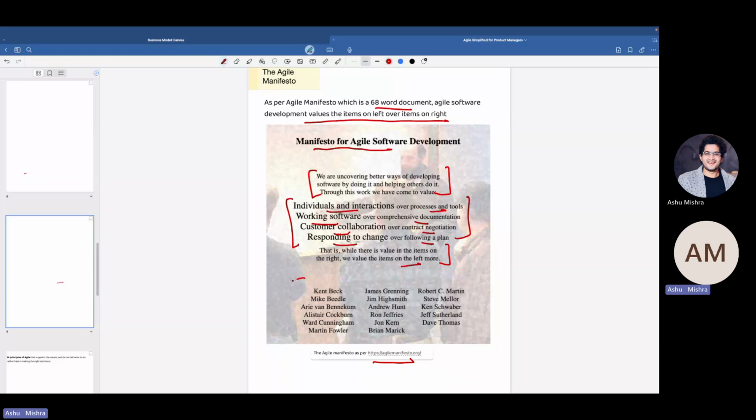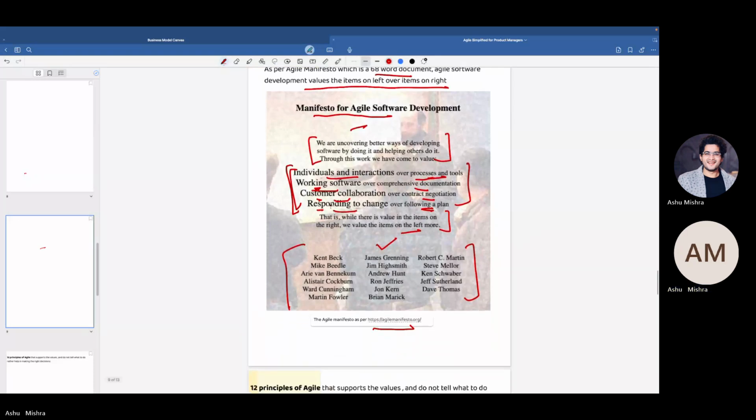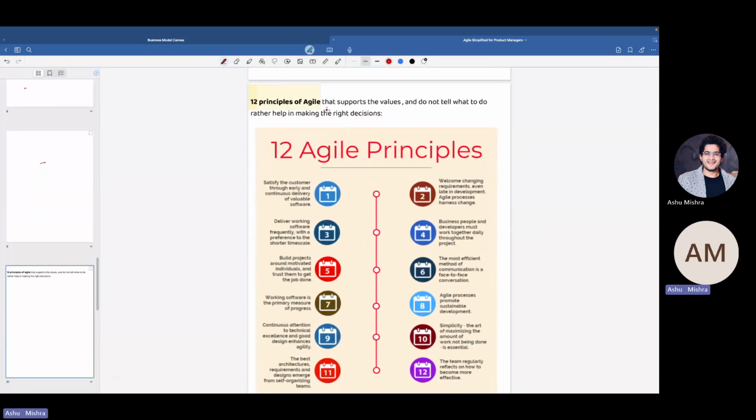So essentially this group of stalwarts, philosophers and innovators said that while there is merit in the right-side things, comprehensive documentation like a PRD is ultimately required, contract negotiation is also required, following a plan is also required. However, the left values are respected more and imbibed more in the philosophy of Agile, right?